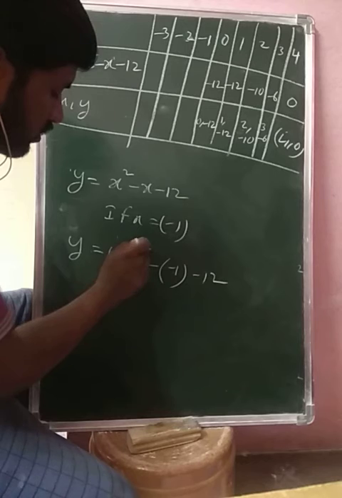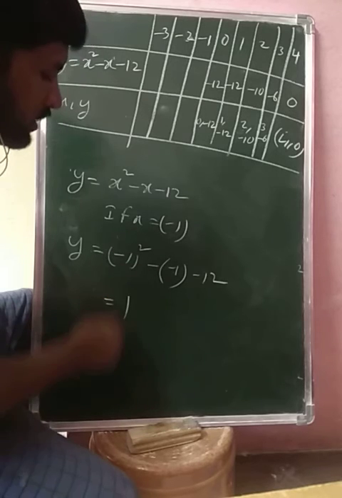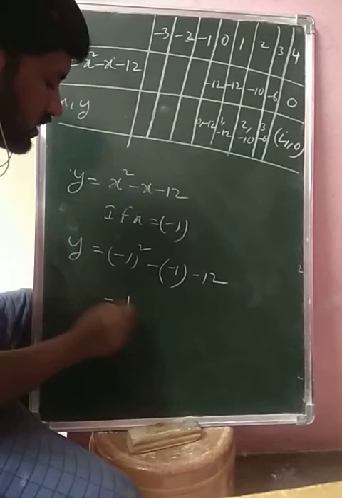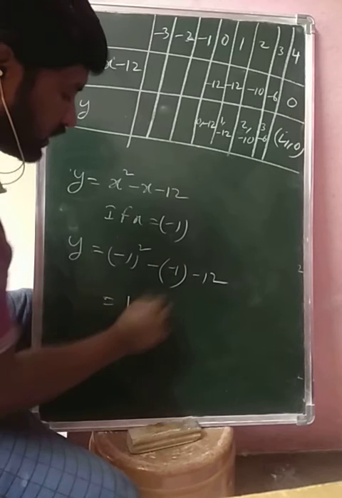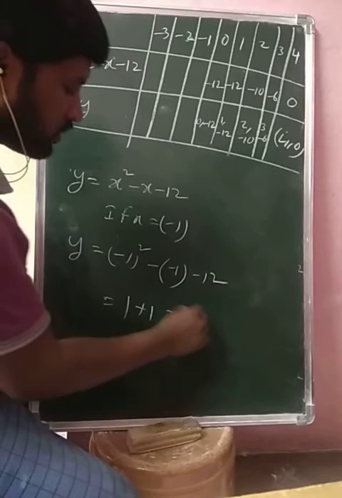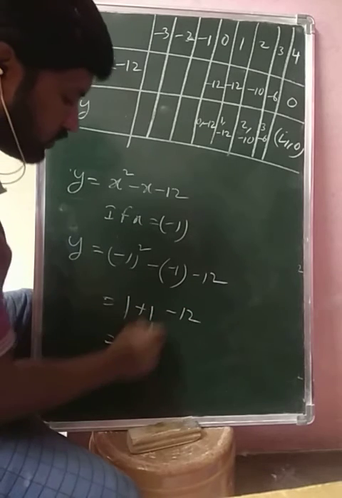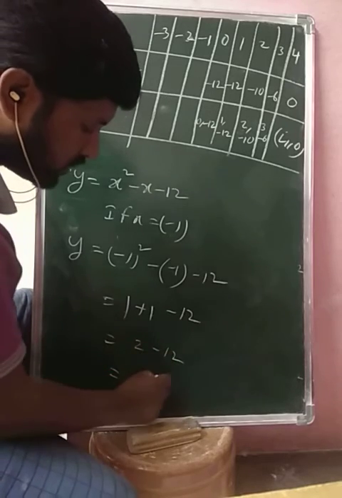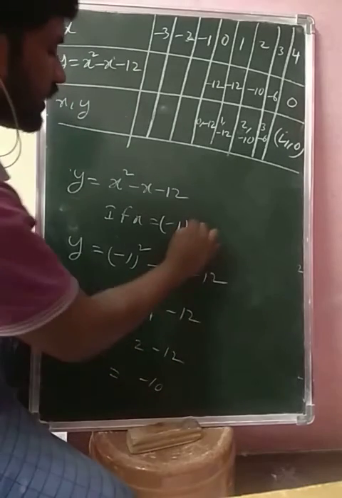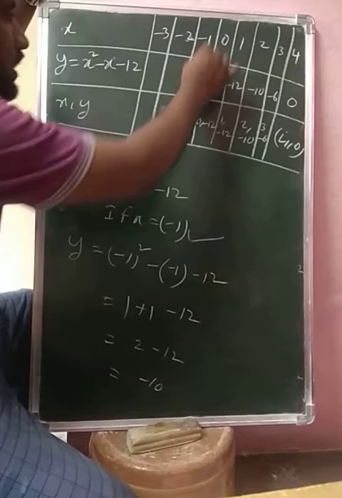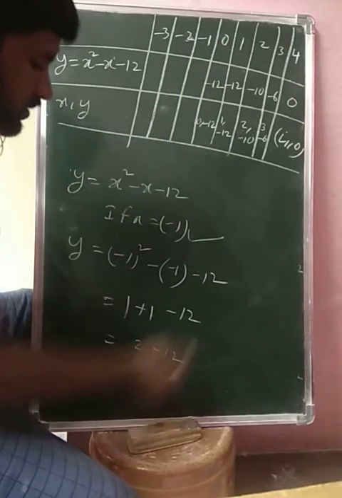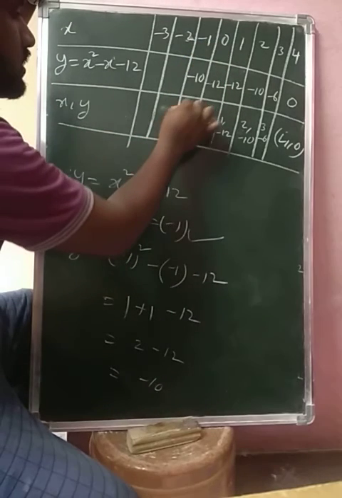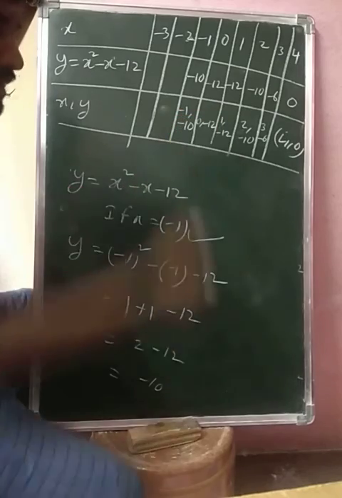Minus 1 whole square means that is 1 only, because it is a negative but power is even. Minus of minus plus 1 minus 12. 1 plus 1, that is 2 minus 12. 2 minus 12, that is minus 10. If I take x value is minus 1, I get y value is that is minus 10. So I get clearly that is minus 1 comma minus 10.